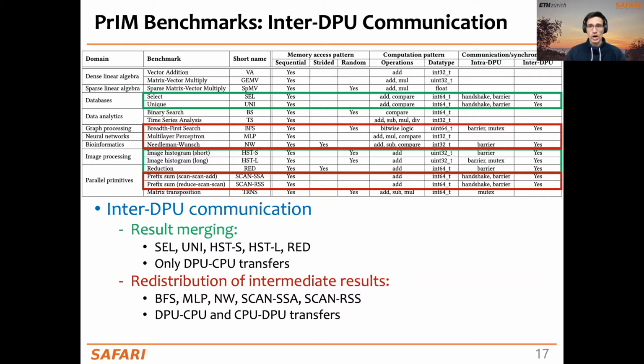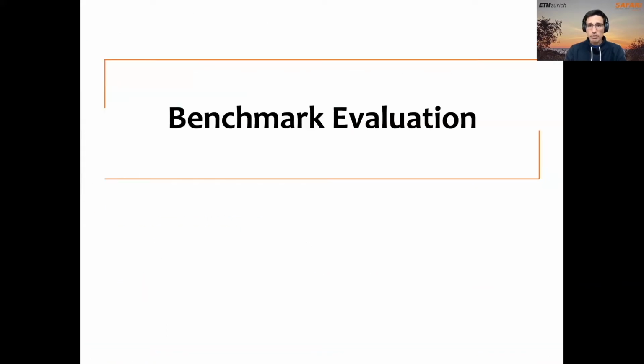In Needleman-Wunsch, we are creating a two-dimensional matrix, and we go anti-diagonal by anti-diagonal. After having computed one anti-diagonal, we return the control to the host processor in order for the host processor to launch the next kernel that will compute the next anti-diagonal. In this case, for this redistribution of intermediate results, we have to use both DPU-CPU and CPU-DPU data transfers.